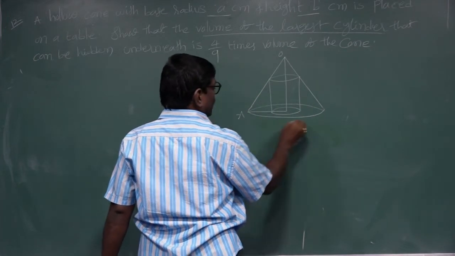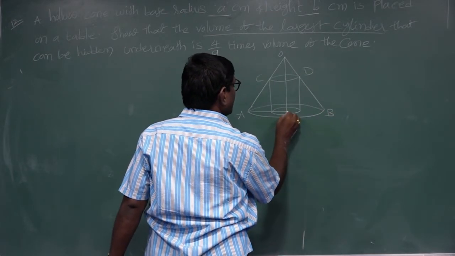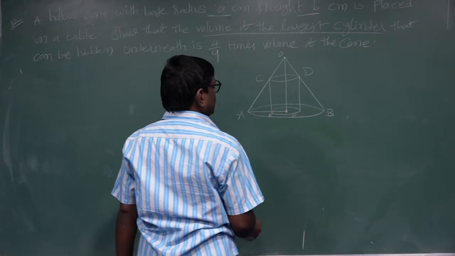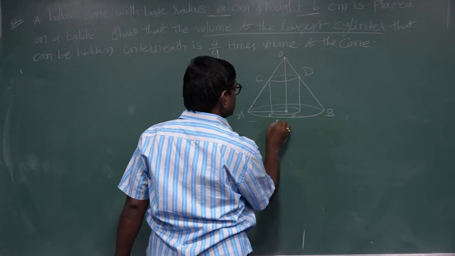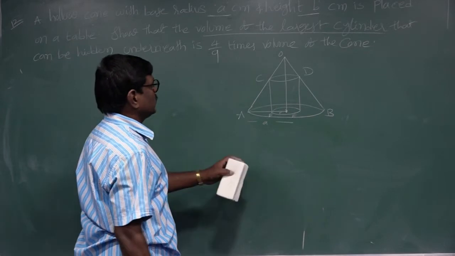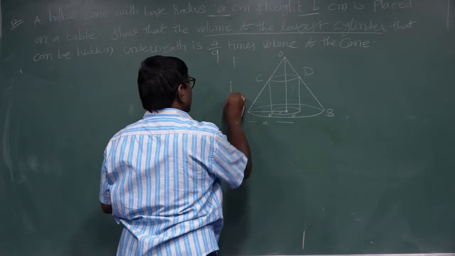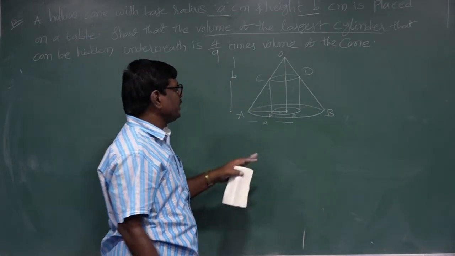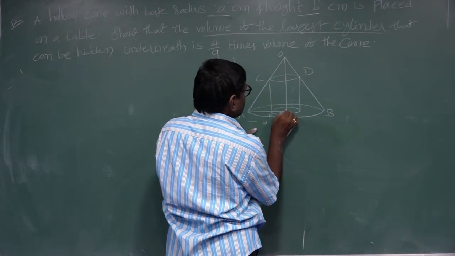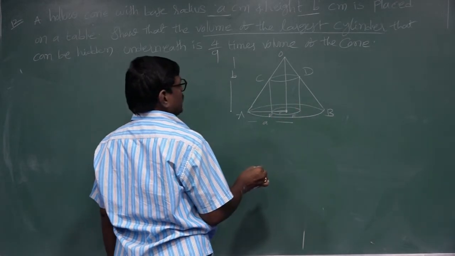Points O, A, B, C, D, E, F. This distance is A, this distance is R. The base radius is A, the height is B. Height is B centimeters and base radius is A centimeters. This length is R.